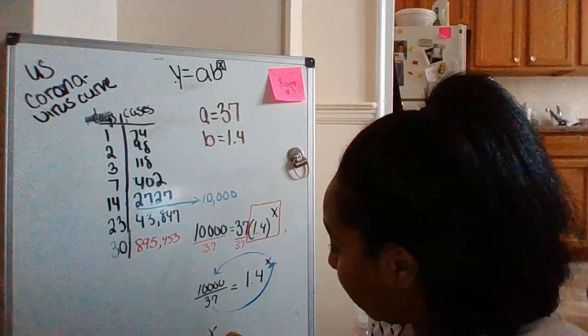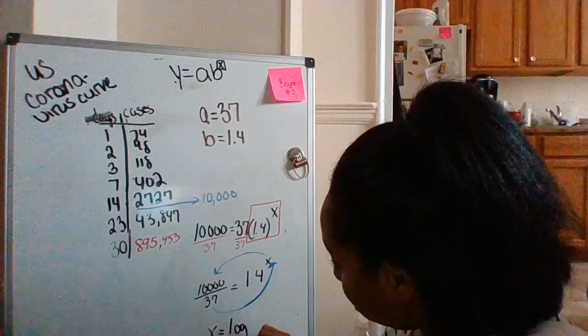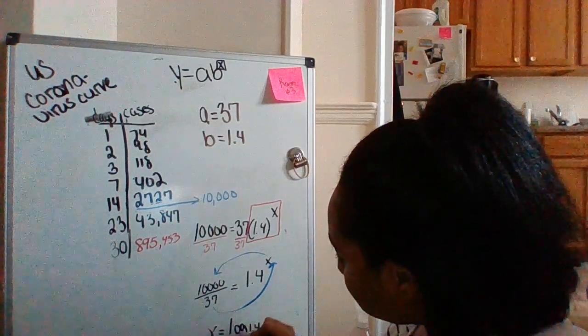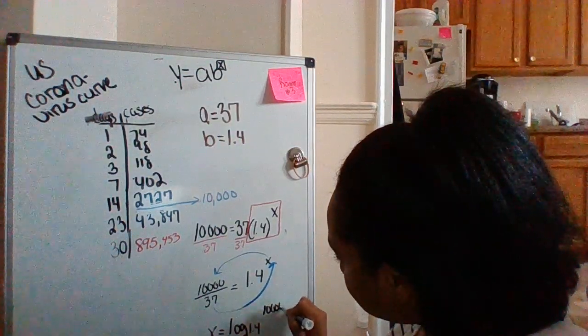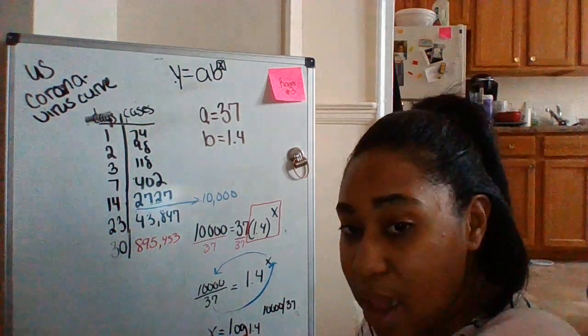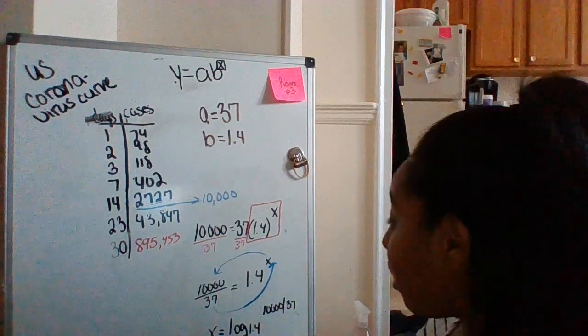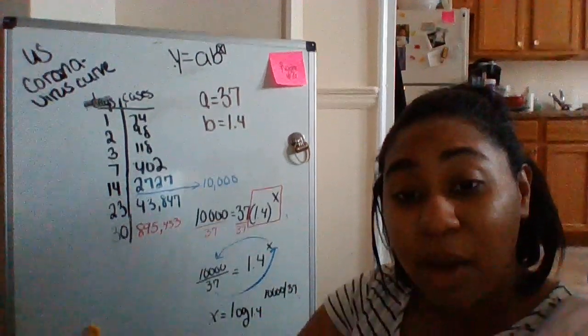So you have a new equation, x is equal to log, your base is still 1.4, so log base 1.4 of 10,000 over 37. And the nice thing about Desmos is that we can put this directly in, and we don't have to do a whole lot of work.